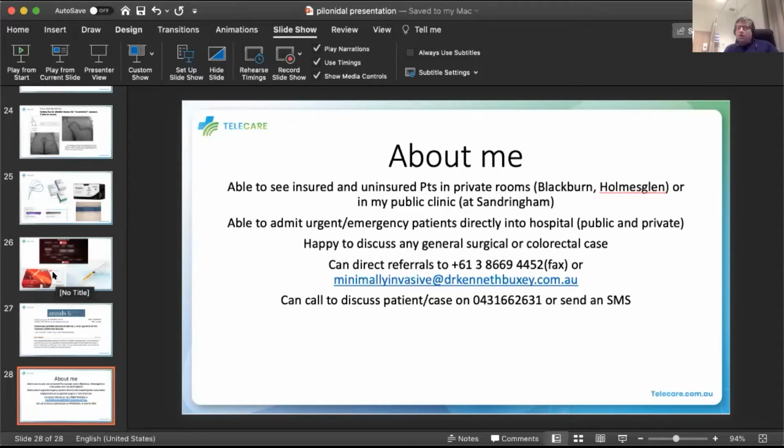I don't really see much role for that in pilonidal disease myself. They're used in fistulas, and they've got a clear role in fistula management.